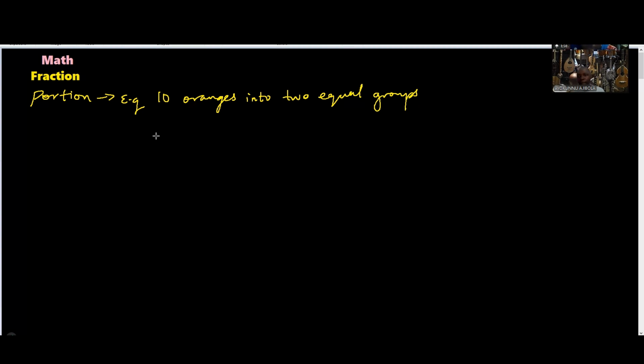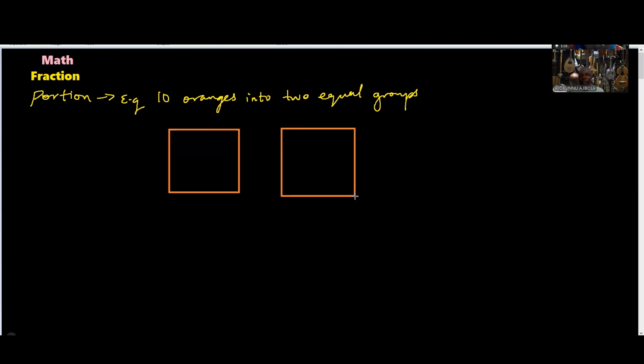Like I have this group, the first group, and the second group. So in the first group, I'm going to have five oranges. One, two, three, four, five. And the same thing in the second group.